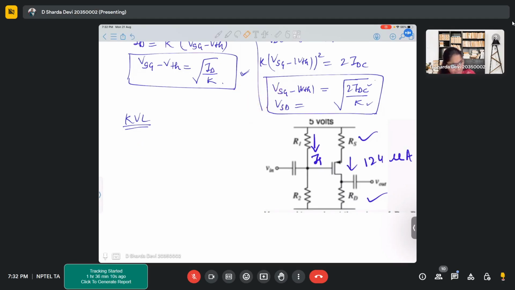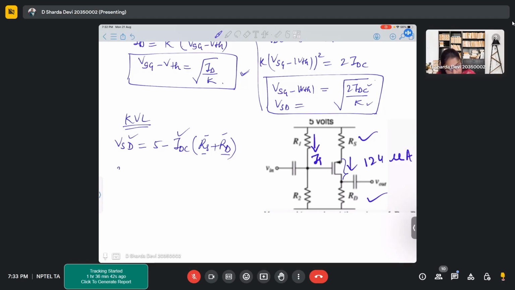We can write it with respect to Vout, or like VSD: VSD is 5 minus IDC times (RS plus RD). So we know IDC, we have this relation for RS and RD, and we know VSD. So we can find our RS and RD from here.